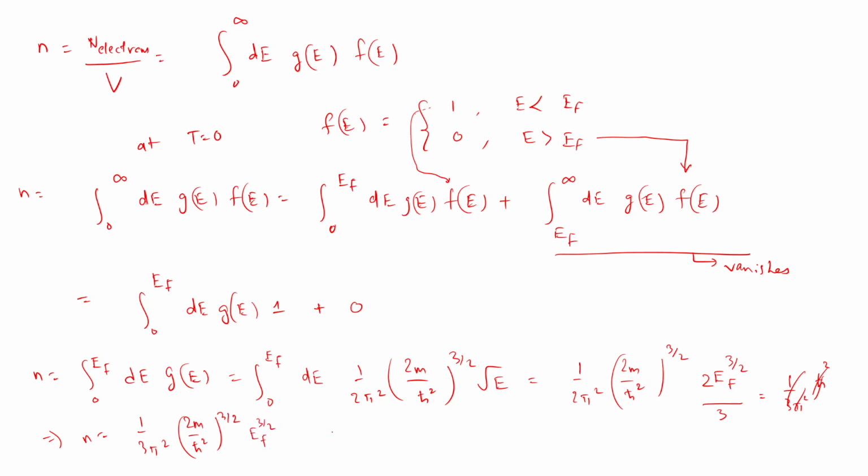This EF is the Fermi energy. So now if we invert this, EF is equal to h bar squared over 2m, times 3 pi squared n to the power 2 by 3. This is the expression for the Fermi energy in terms of the number density of electrons.